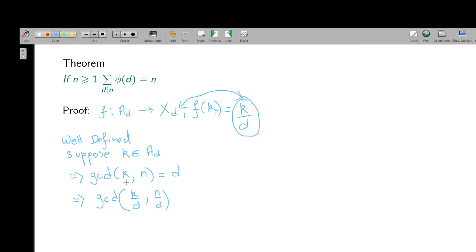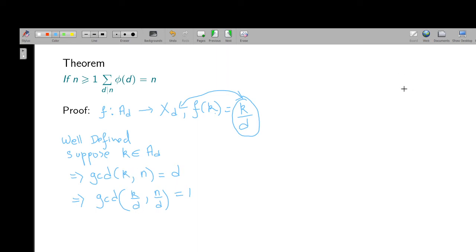D is a divisor of k and it is a divisor of n, so you can talk about k by d and n by d. This will be equal to 1.